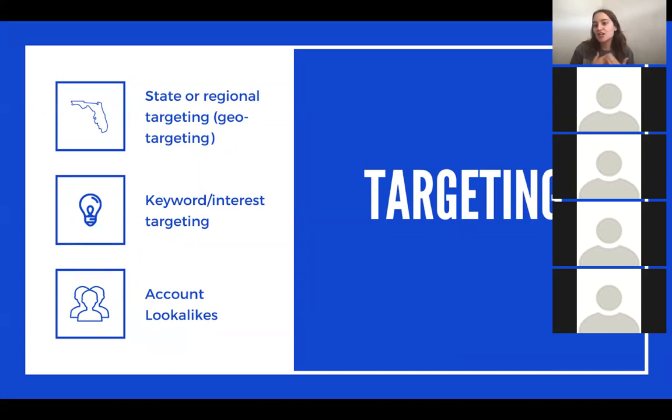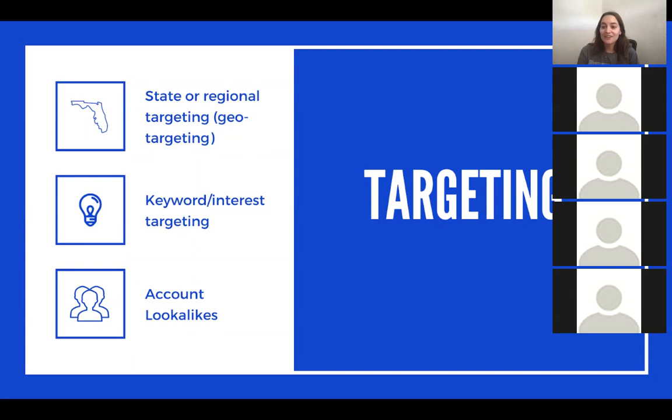So that you can get your messages in front of the people that you need to see it. And this is a way to get it in front of different demographic groups, different age groups without necessarily having to keep your digital advertising campaign restrained. You can instead target to keywords or interests that are more relevant to the groups that you're trying to target.